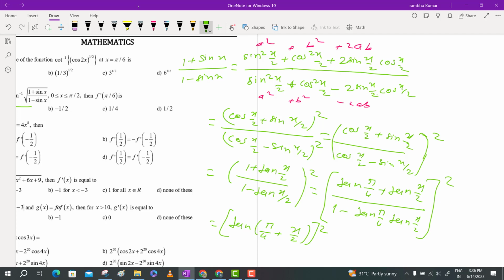Got it? Now this whole function is equal to this one.